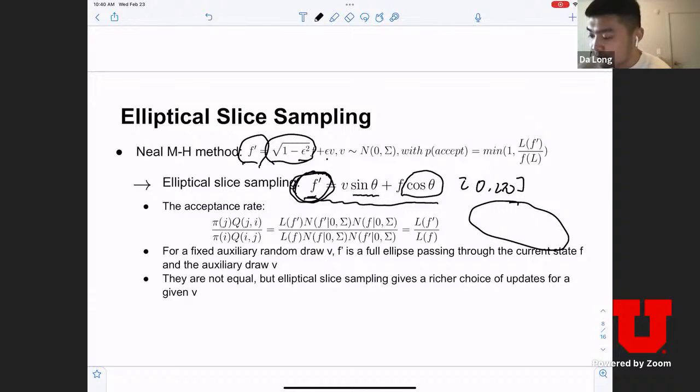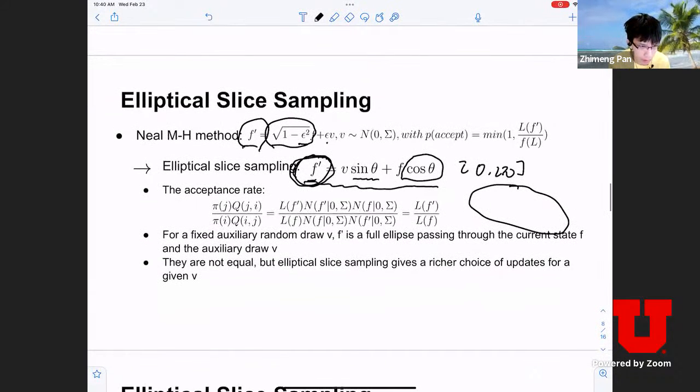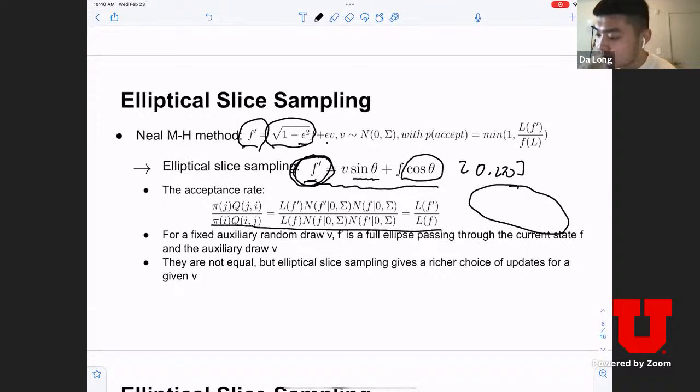Theta follows a uniform distribution from 0 to 2 pi. We still sample V the same way, and then we multiply by another random variable here, the ellipse of theta. The acceptance rate is the same, also the likelihood ratio.